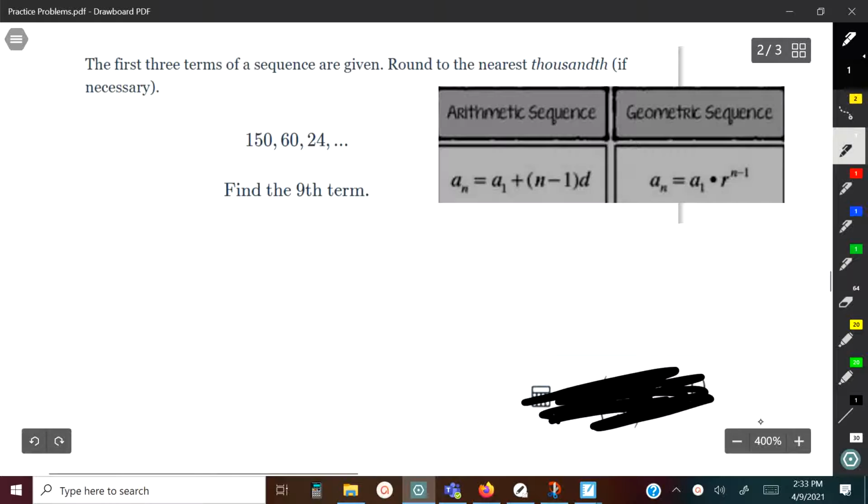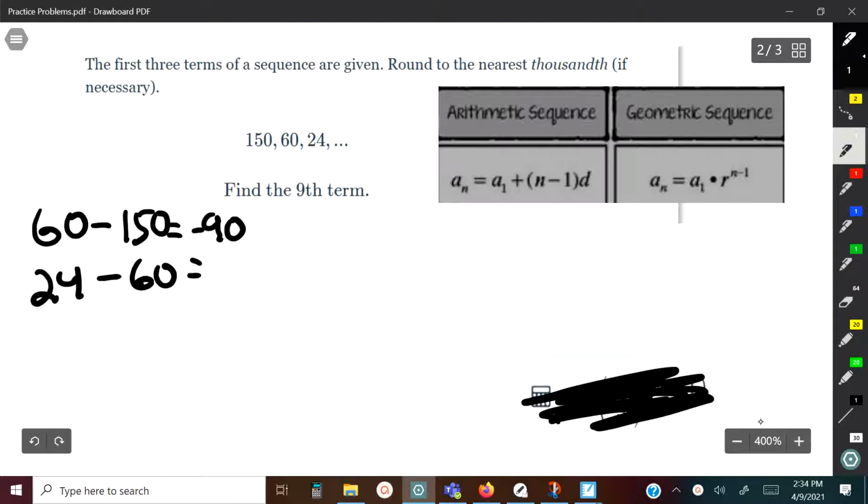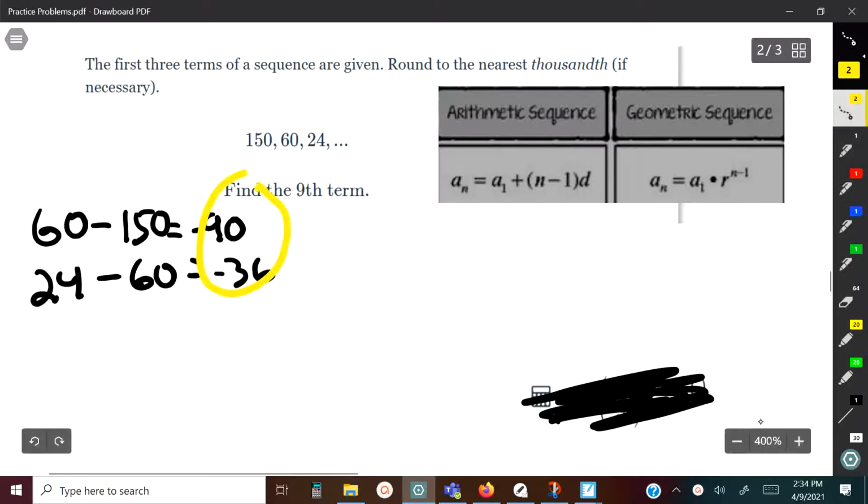So first, I'm going to take the second term and subtract it from the first term, and I get negative 90. Then I'm going to take the third term, subtract it from the second term, and I get negative 36. So you can see it is not a common difference. So it can't be arithmetic.